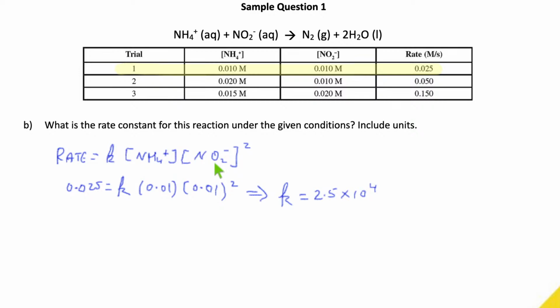So the units for K to give me moles per second have to be M minus 2 s minus 1. And what I'm going to tell you here is don't try and be cutesy to go ahead and flip these around. It's not worth it. Just leave it as negative.